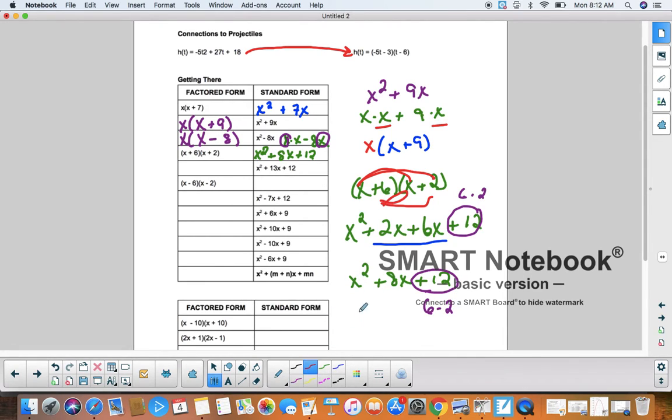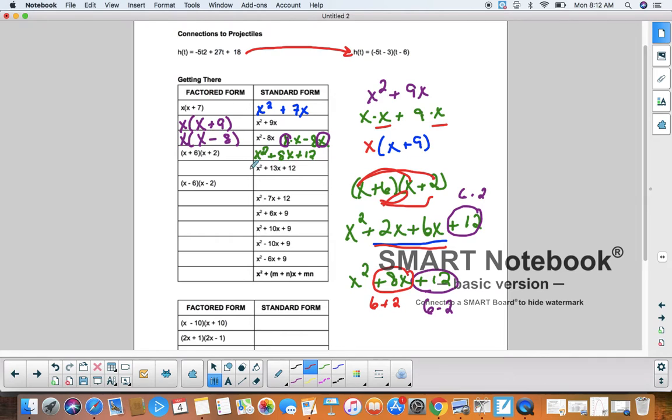This 8 here came from adding 6 plus 2, right here, 6 plus 2. So to get to this standard form, that means the last number was some two numbers multiplied together, and the middle term was those same two numbers added together.